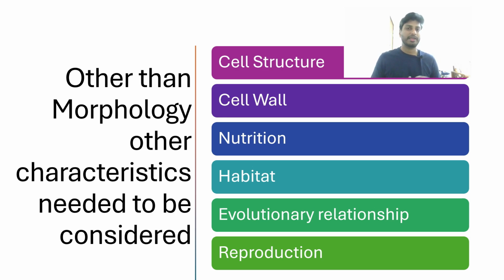Cell structure, like the shapes of the cells; the kind of cell wall, whether it is made up of peptidoglycans or proteins or lipids; the kind of nutrition, whether autotrophic or heterotrophic; the habitat the organism stays in, whether terrestrial or aquatic; the evolutionary relationship, what similarities it shows to other organisms; and the kind of reproduction, whether sexual or asexual.